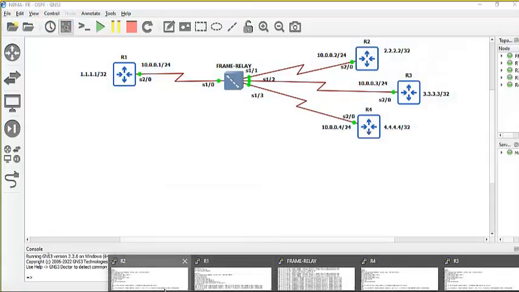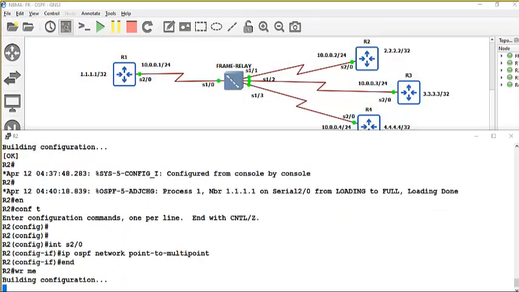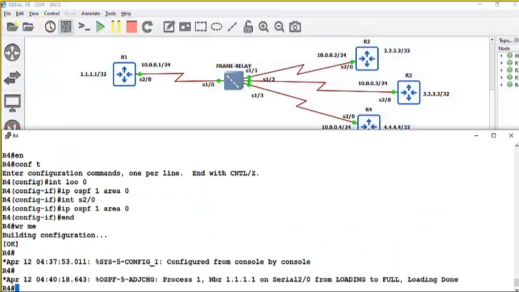You have to do it on all the routers. Even if the neighbor comes up when you put it on the hub router, you should put it on all the routers.